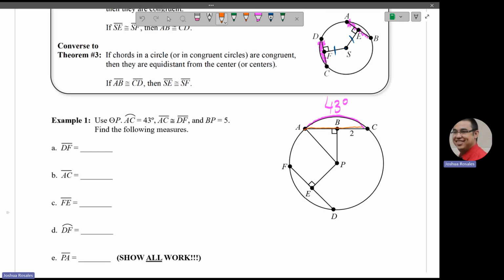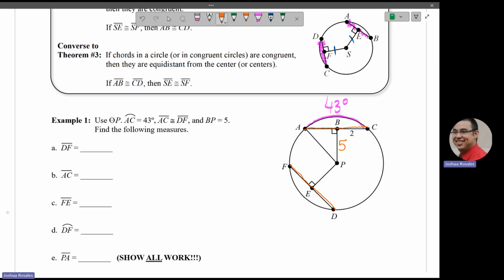A to C right there is the exact same as F to D. So these two chords are the same. So basically, they're telling us, hey, it's mirroring. And they tell us B to P, this part is 5. Okay, that's all the information they've given us. Let's go through the picture and let's see if we can figure everything out.